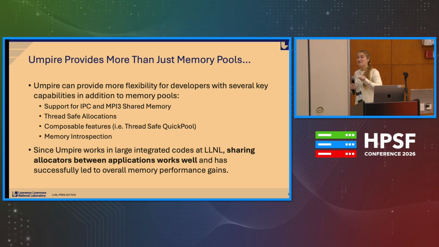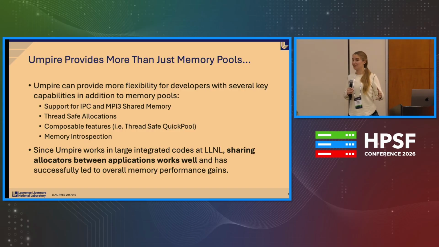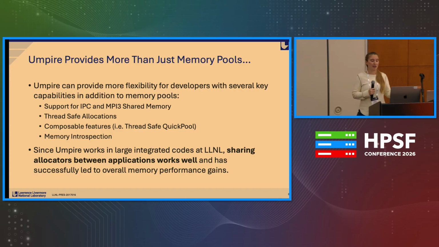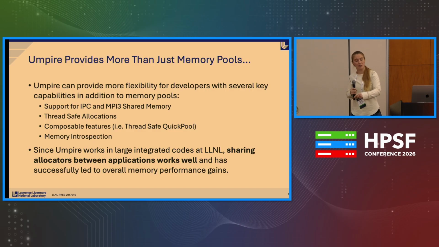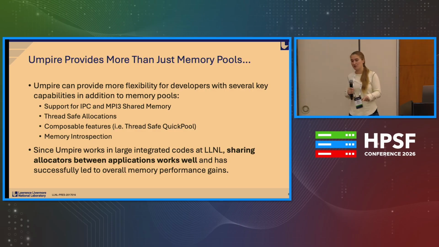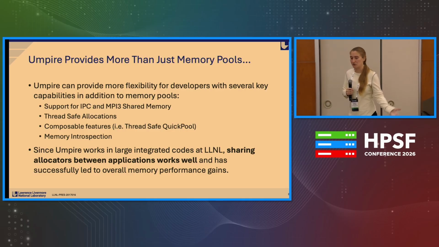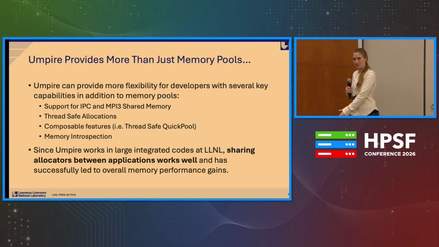Another cool, important thing to note is that Umpire works with these large integrated codes at the lab. So we know that sharing the allocators between the application parts works really well. One cool example I know is that you have a large simulation, and then you have your separate visualization component.